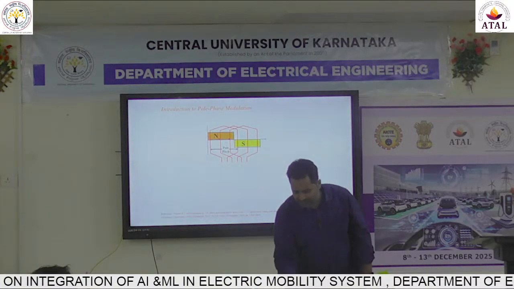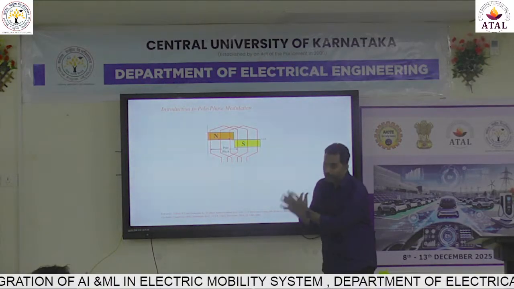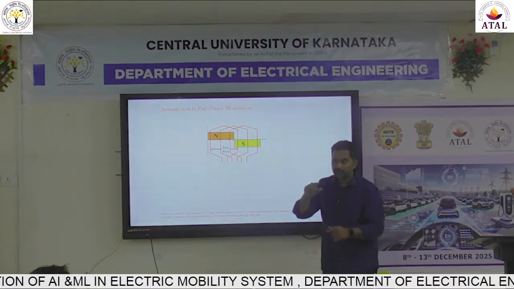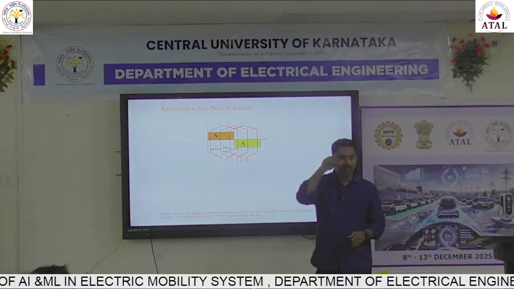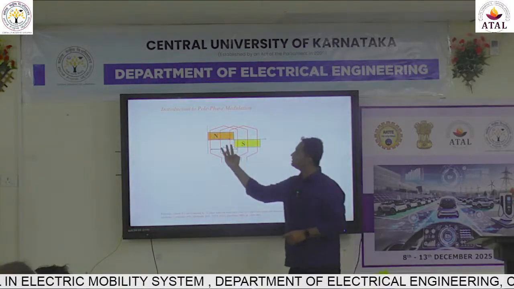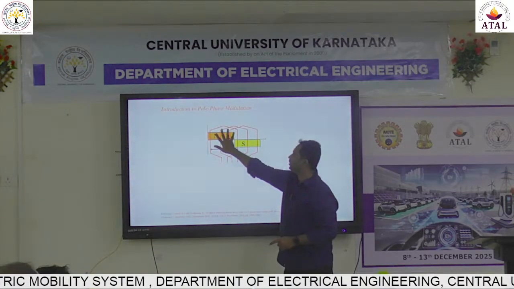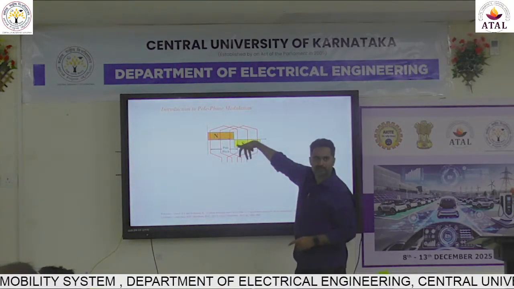Now you can see, if I want to introduce the number of slots per pole per phase, we know this when doing winding diagrams. I assume there are 3 slots, and all these 3 conductors carry current in one direction, and all these 3 carry current in the opposite direction.